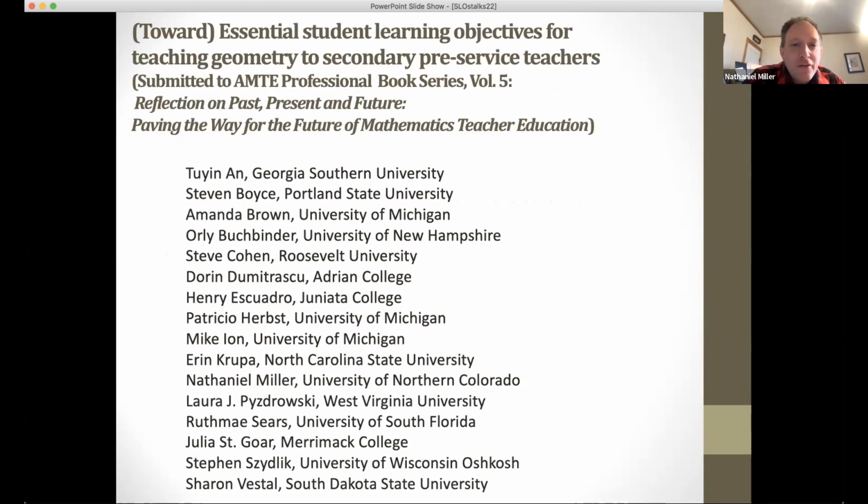To give you an idea of the range of people involved, this is a paper that we submitted to a book in the AMTE professional book series that's currently under review. It shows the group of authors that contributed to that paper, and that's not everyone who's been working on this. You can see it's quite a large group and from all different kinds of places.